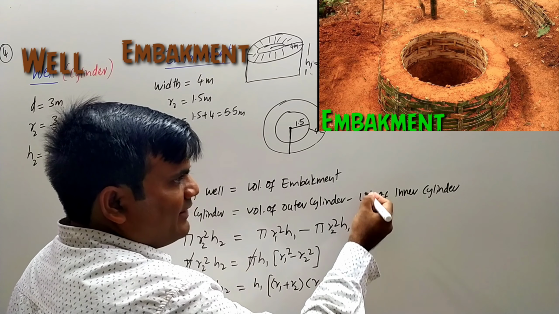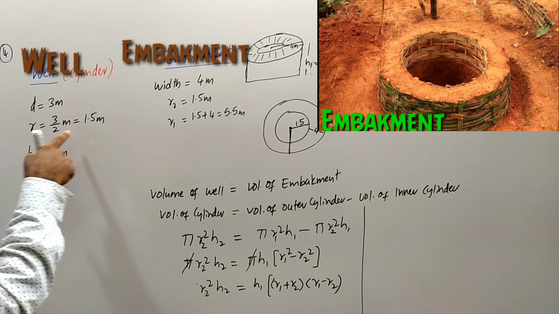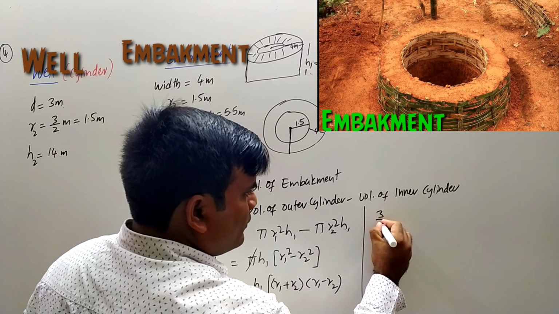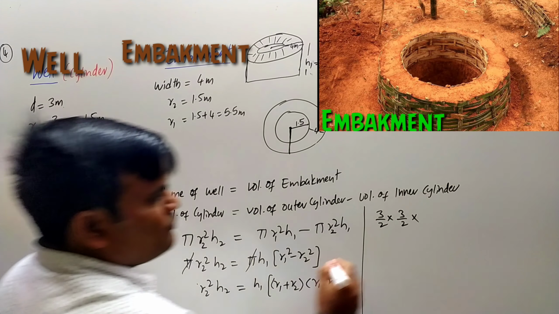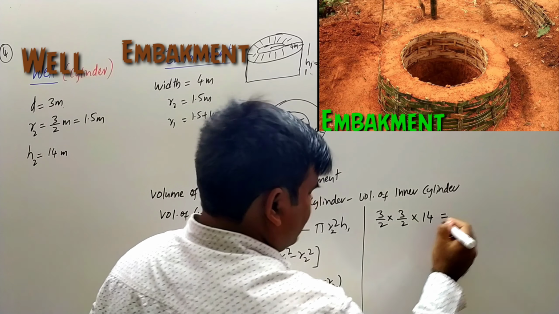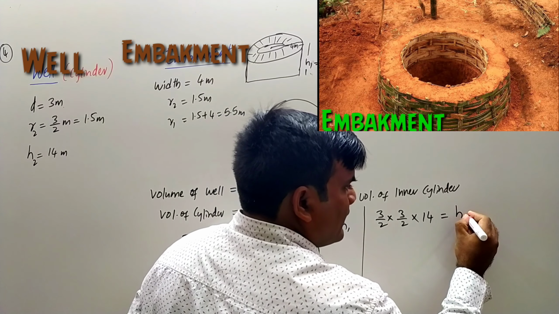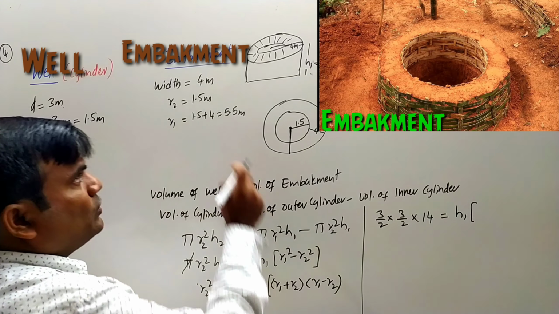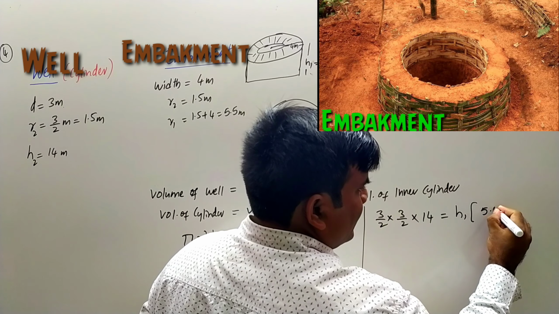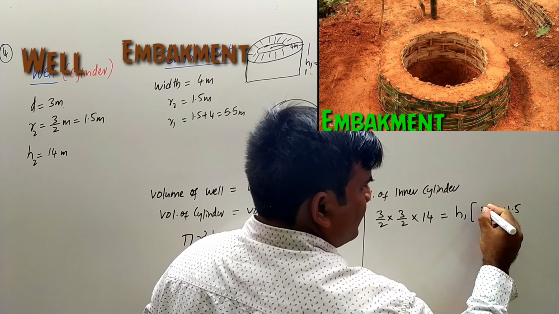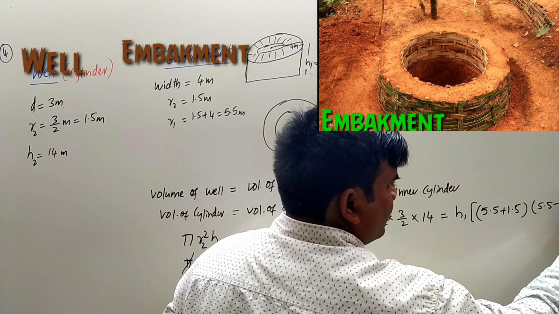So now substitute all the values. R2 is equal to 3 by 2. So 3 by 2 into 3 by 2 into h2 is equal to 14, that is h1. So h1 is our question. So h1 into r1 plus r2, that is equal to 5.5 plus 1.5 into 5.5 minus 1.5.